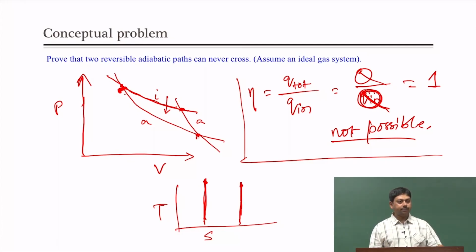They have to have the same entropy, otherwise they cannot meet. That is why they cannot cross, because if they cross at some point they will have to have the same entropy and the same temperature, since both are state functions. At this point they have the same value, but it can never have the same value unless it is the same path. If you start from here, it will follow the same path. That is another way of thinking about it.